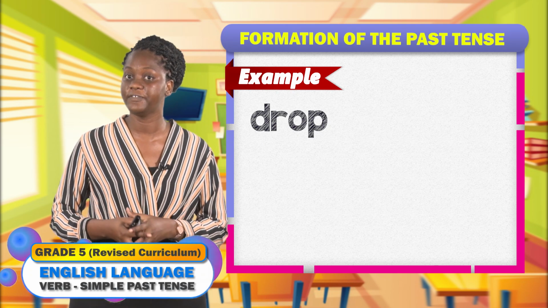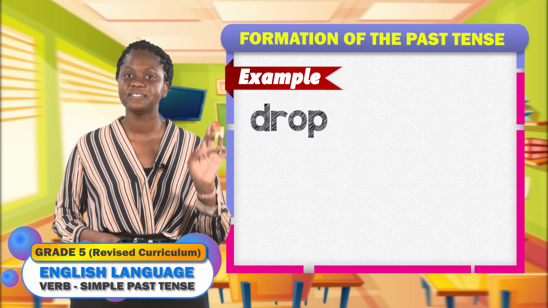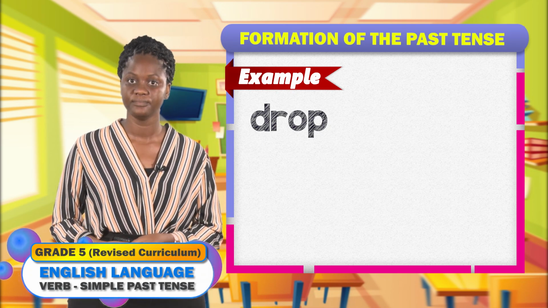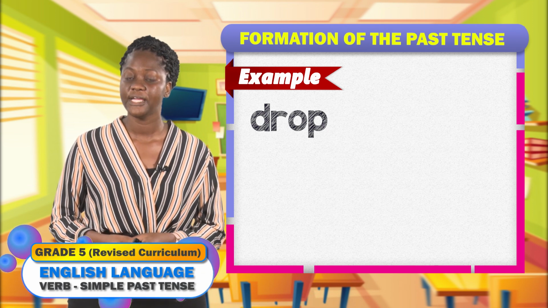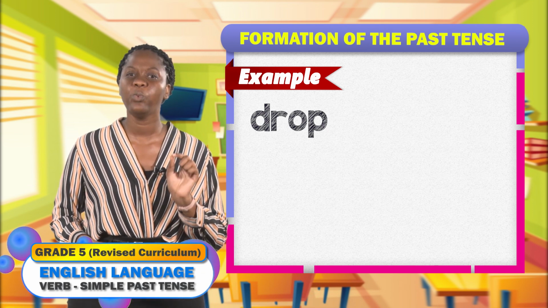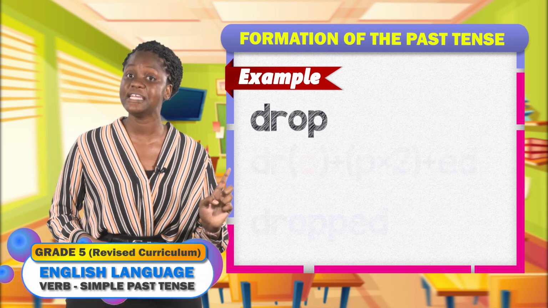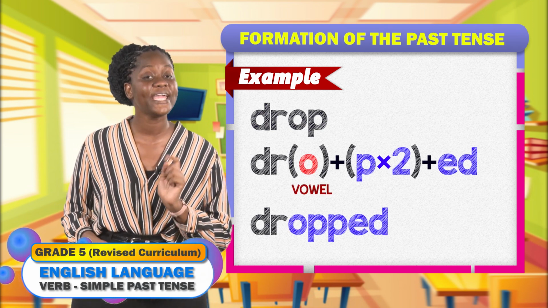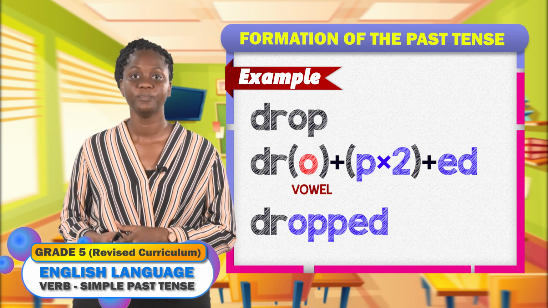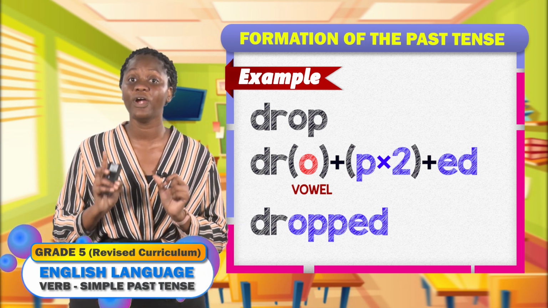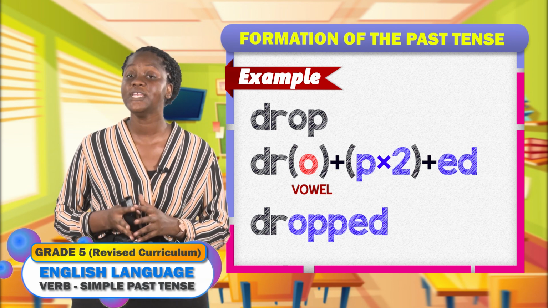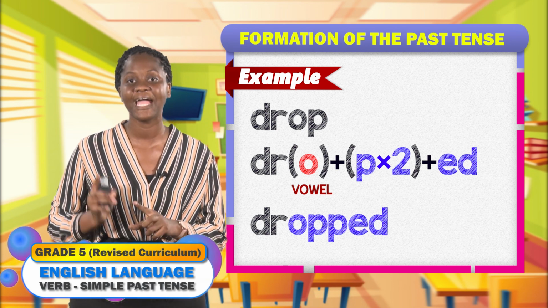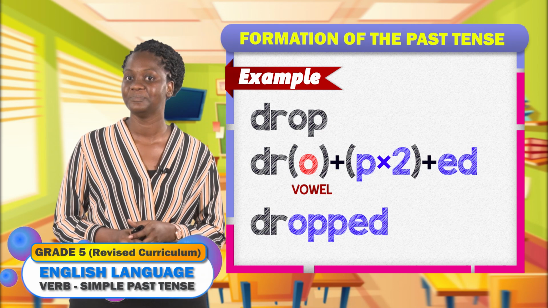Let's say we have the verb drop, D-R-O-P. The last letter is P. But what letter precedes the last letter? O. And O is a vowel. So, before adding ed, we need to double the P and then add ed.